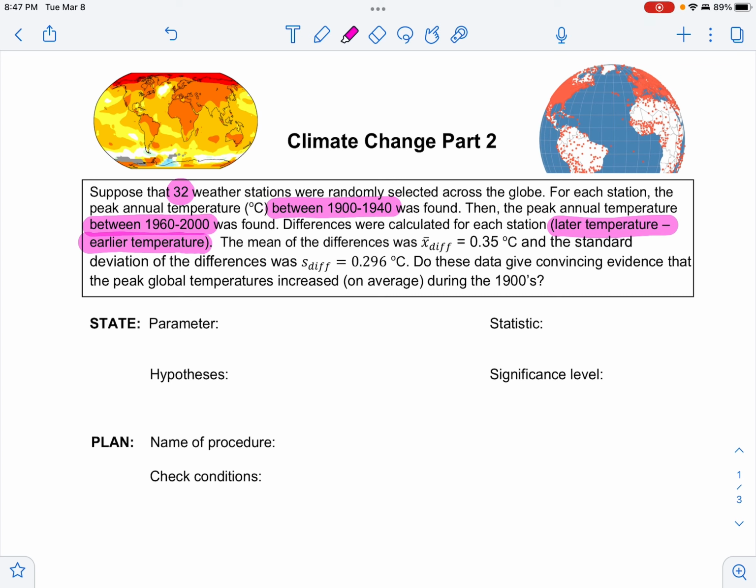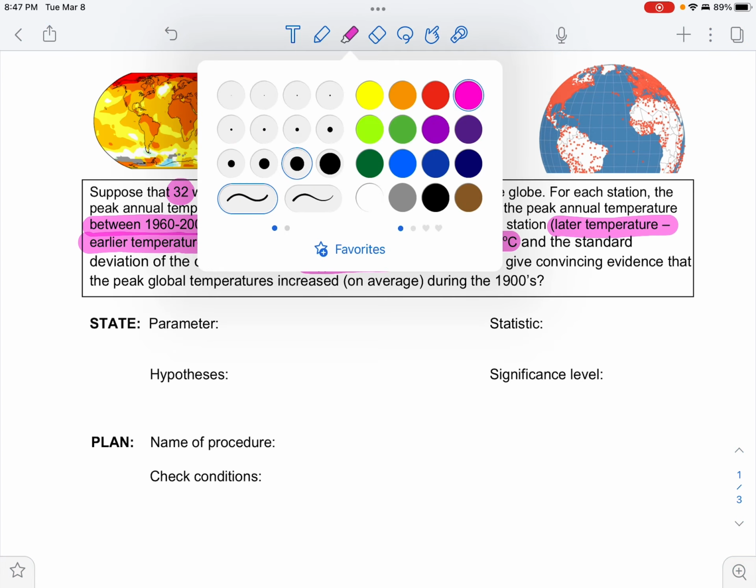The mean of the differences was x bar sub difference equals 0.35 degrees Celsius. And the standard deviation was s sub difference equals 0.296 degrees Celsius. Do these data provide convincing evidence that the peak global temperatures increased on average during the 1900s?